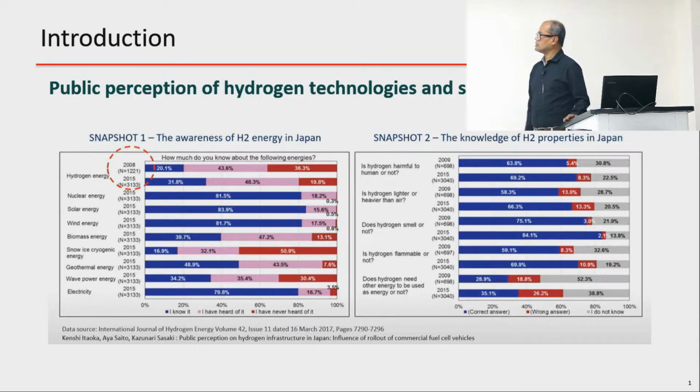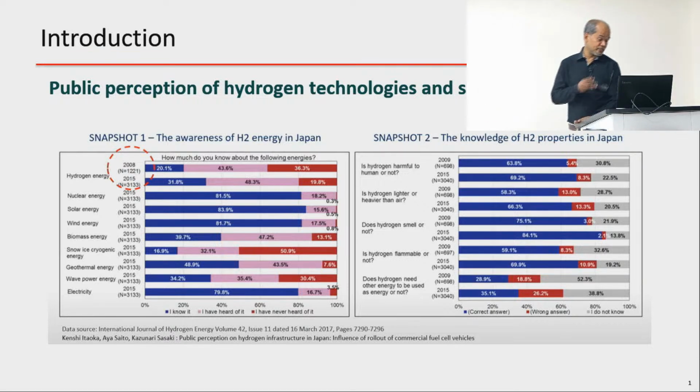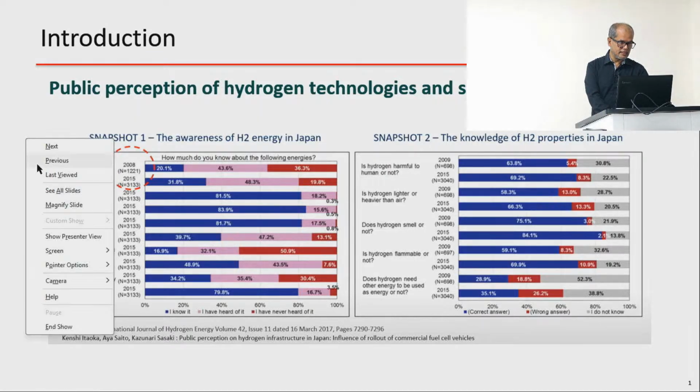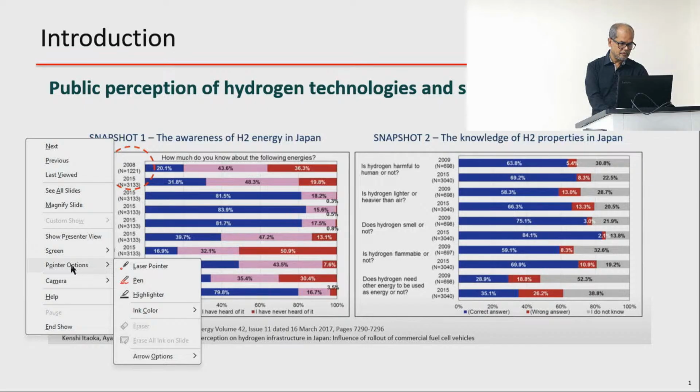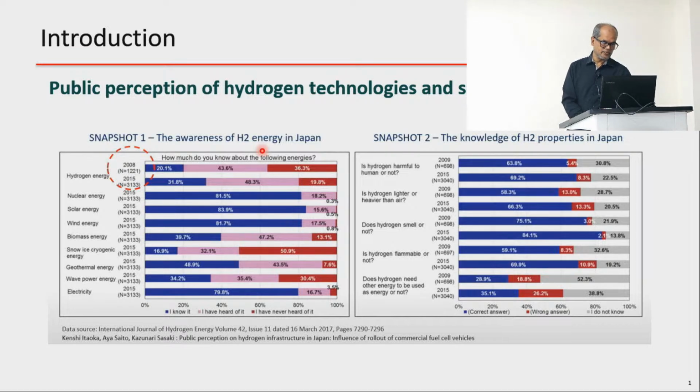So let's start with people's perception about the green hydrogen system. One study done in Japan asked, on the left-hand side, how much you actually know about this emerging energy technology.